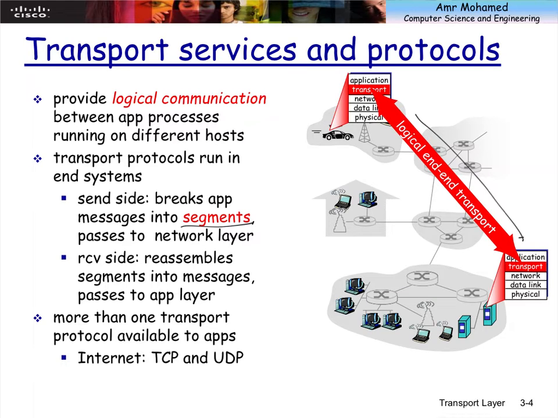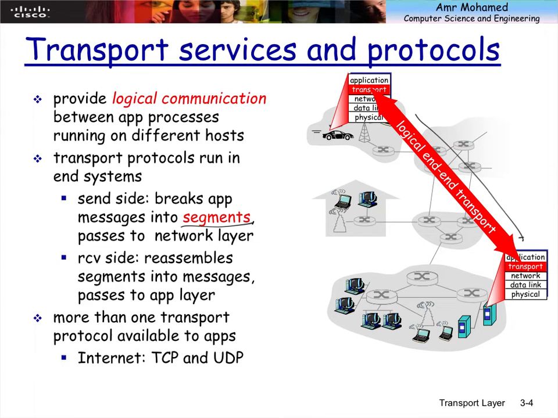For the transport layer, we talk about segments. In the data link layer, the protocol data unit is called a frame. So this unifies part of the terminology. Whenever I say frame, you know which layer I'm talking about. Segment, you know transport layer. Packet, you know network layer, and so on.